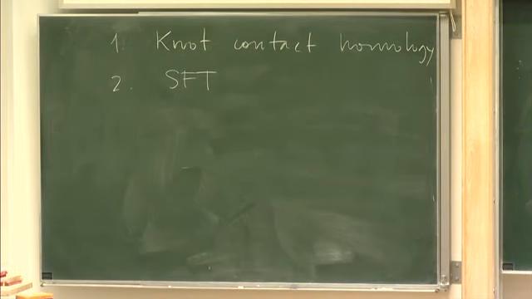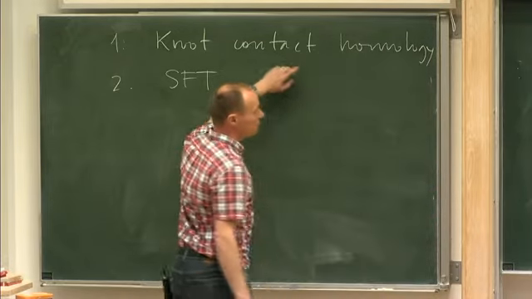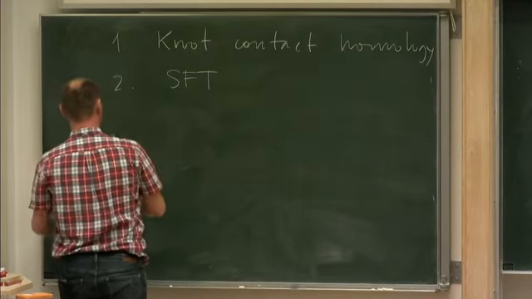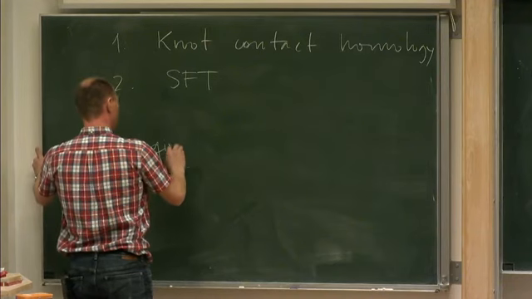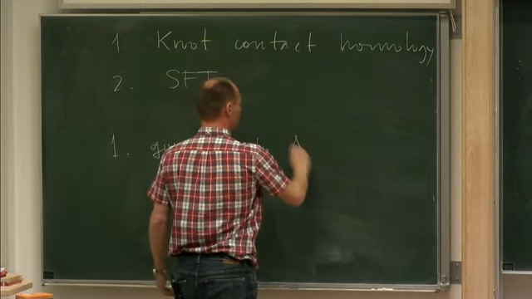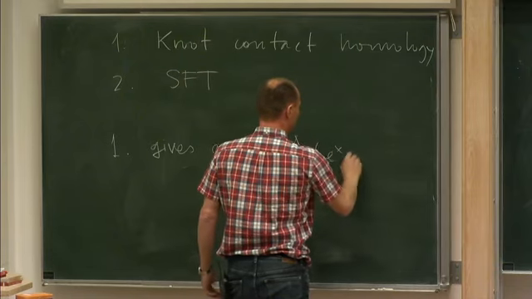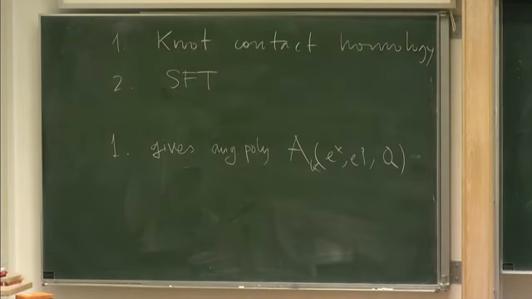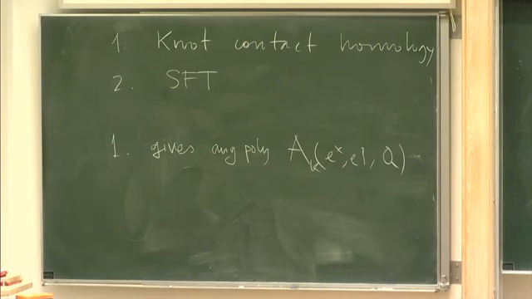So those are the two theories. The main input for this talk is that knot contact homology gives the augmentation polynomial, which is the polynomial, and indeed it should be the gs equal to 0 limit of this operator polynomial.